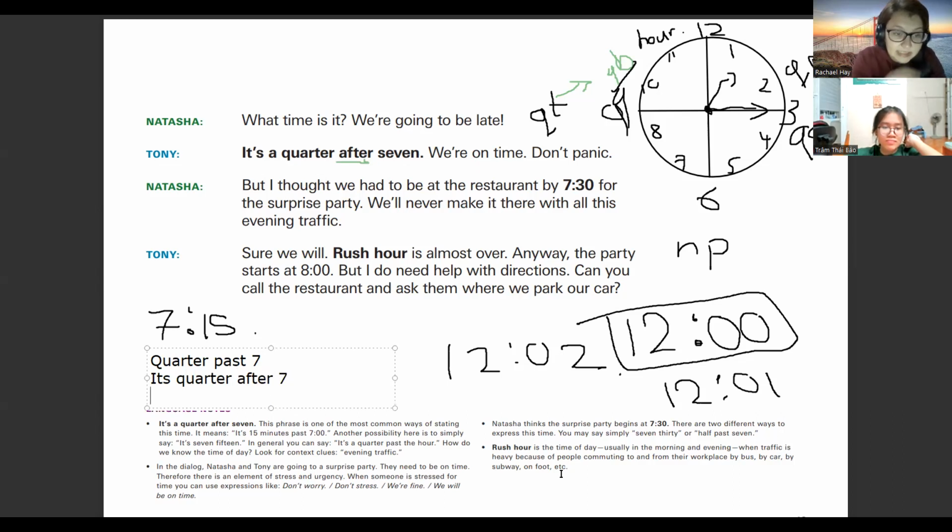And then we can also say it's 7:15. Okay. So there are a lot of ways to say the time, and they are all correct.